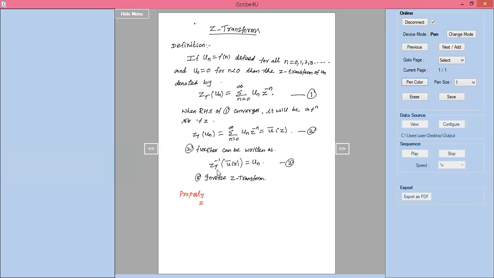Z transform of n power k equal to minus z into d by dz of Z transform of n power k minus 1, where k is a positive integer. Now we'll take this one and simplify.